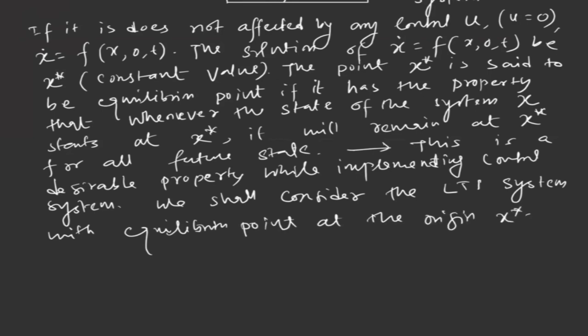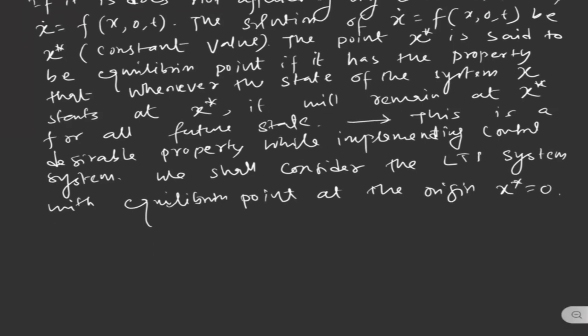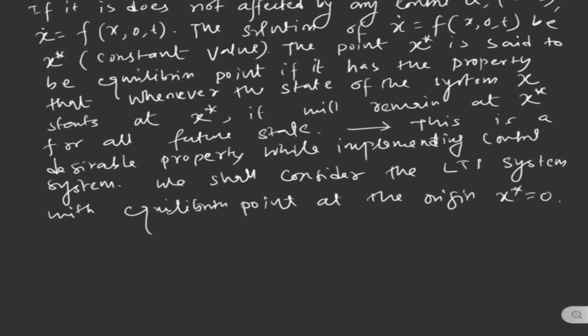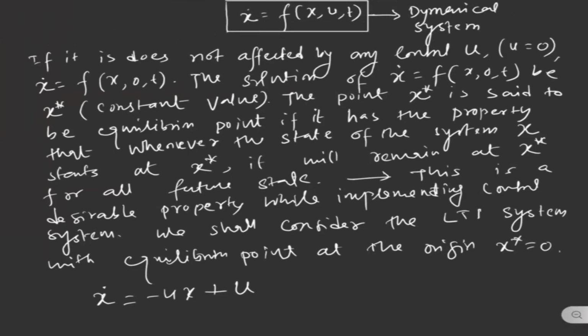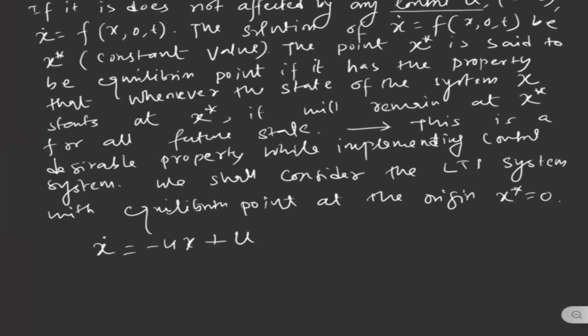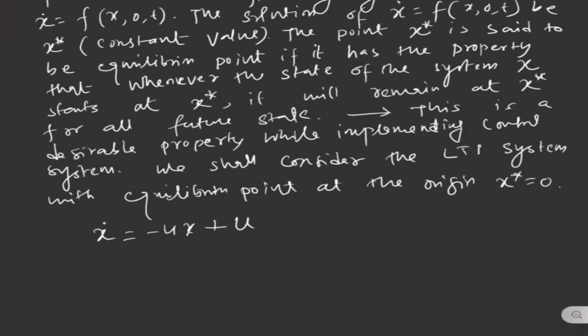Let's assume we have the system x dot equal to minus 4x, and we have some force or torque in the system, let me assume u. As per the definition, we have to consider the control or force u to be zero to find the equilibrium point. So we put u equal to 0 and x dot equal to minus 4x.